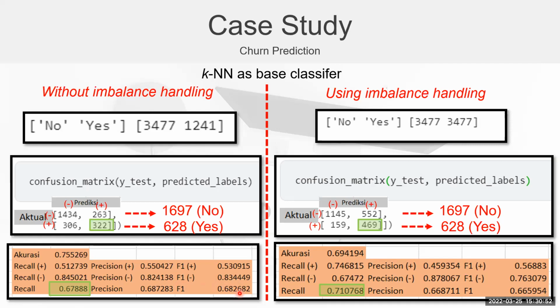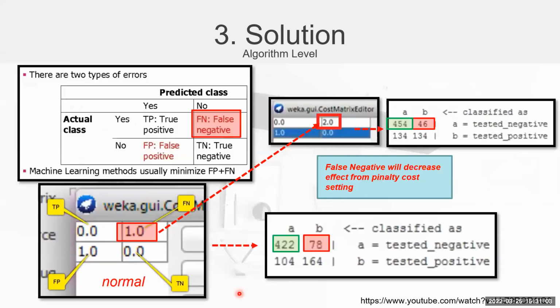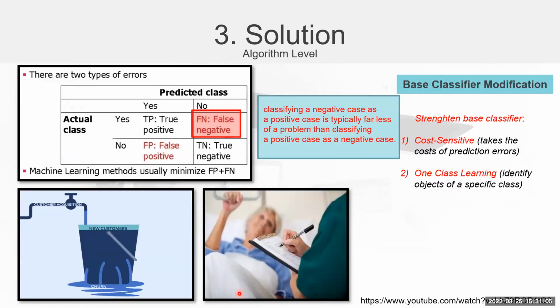But I think our focus, our objective here, is recall. Remember that if we predict the negative class to be positive, it is still okay.